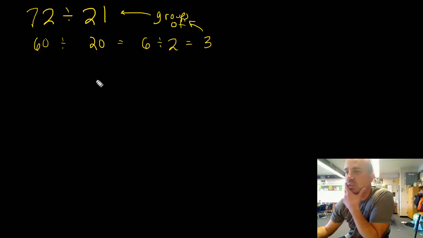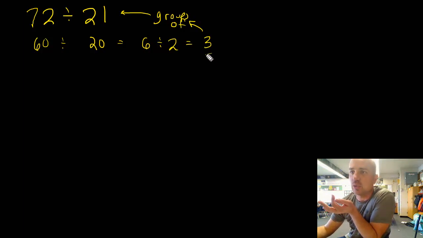But I do want you to visualize that and make sense of that in your mind. If you had $72 and you have 21 friends, you could give each friend $3. If you had 3 friends, each one would have $21. That's what dividing is.